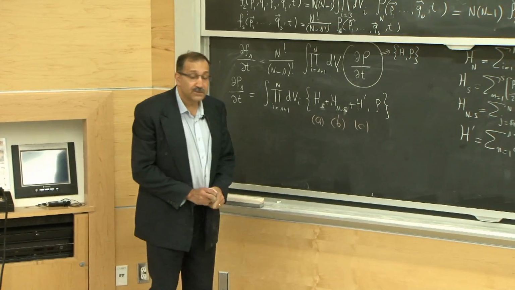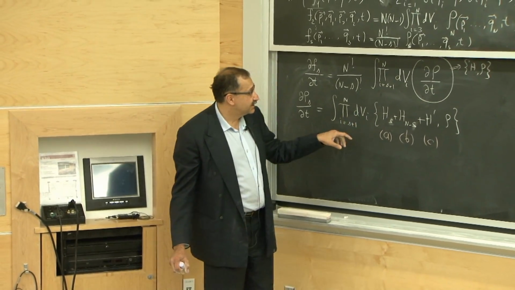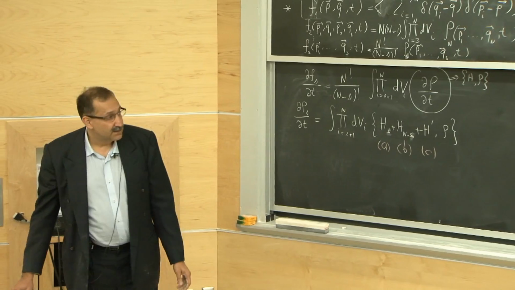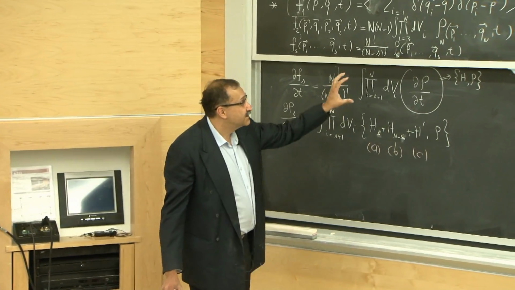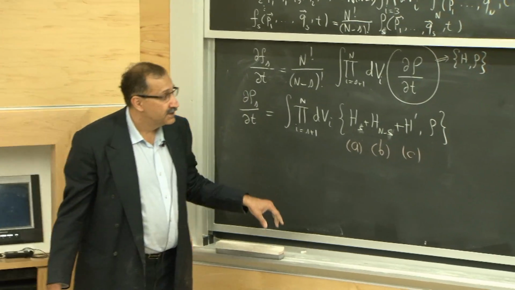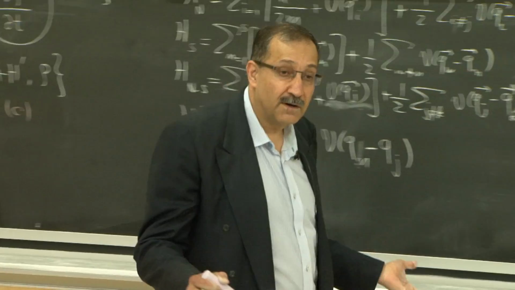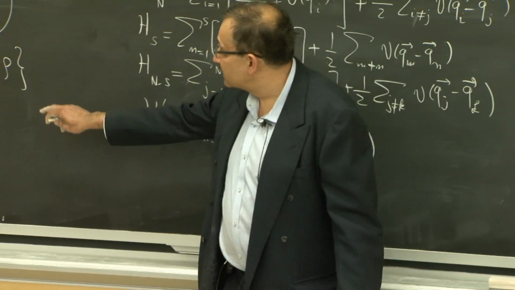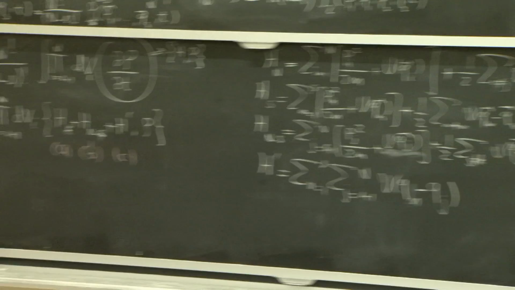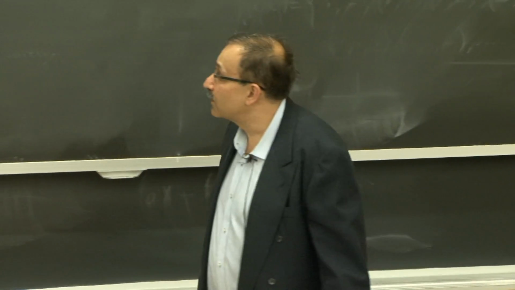And because of that, we also expect, and I'll show that mathematically, that the next term in the series, the Poisson bracket of h n minus s and rho, should be 0, because as far as these s particles that I'm focusing on and how they evolve, they really don't care about what all the other particles are doing if they are not coupled to them. So anything interesting should ultimately come from this third term. But let's actually do the calculation for the second term to show that this anticipation that the answer should be 0 does hold up, and why.